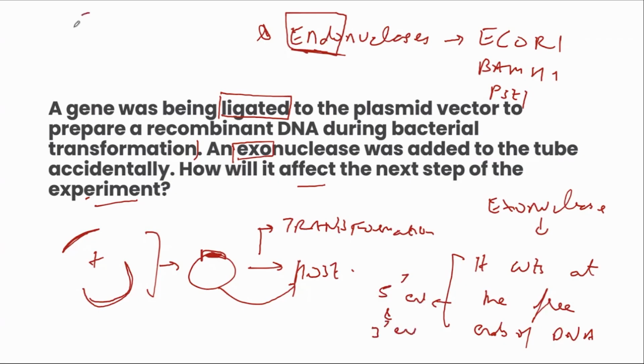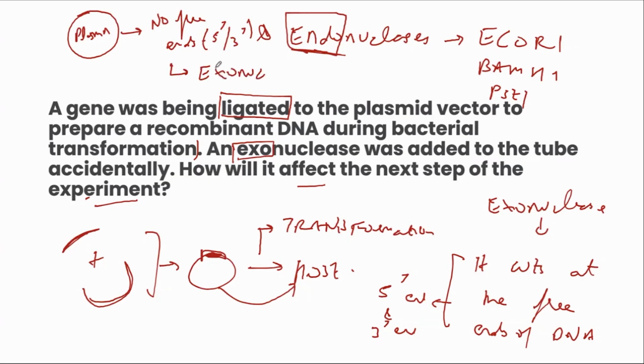And we know that a plasmid is completely circular. That means there are no free ends. Since there are no free ends, no 5' or 3' end, the exonuclease will not cut. So remember this.